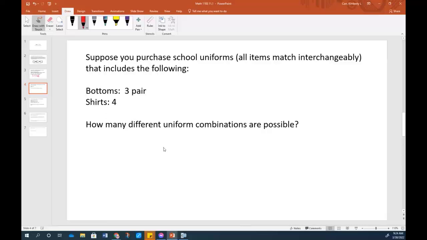Well, this one is just the bottoms times the shirts, so we've got 3 times 4, so there are 12 options available, which means you get to tell your child you're not wearing the same thing every day, you only have to wear the same thing every 3rd week. Of course, I understand how they feel, but that's the parent's argument, right?